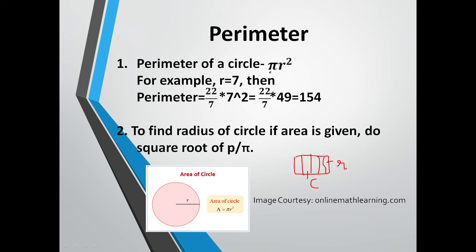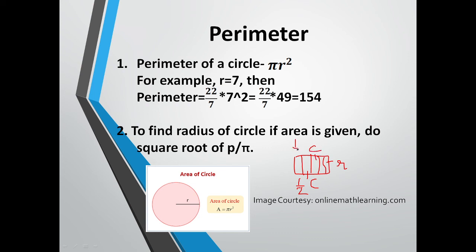Sorry. Okay, so actually this side is half of the circumference, and the other side is also half of the circumference.